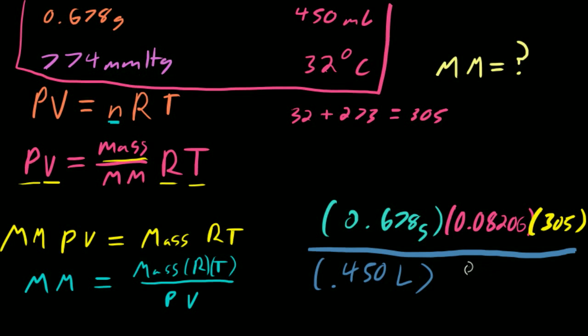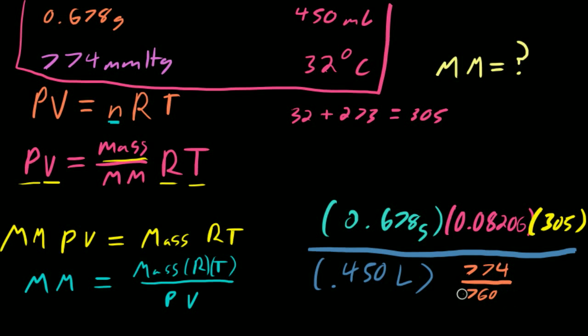So our pressure in atmospheres is going to be our pressure in millimeters of mercury, 774, divided by 760.